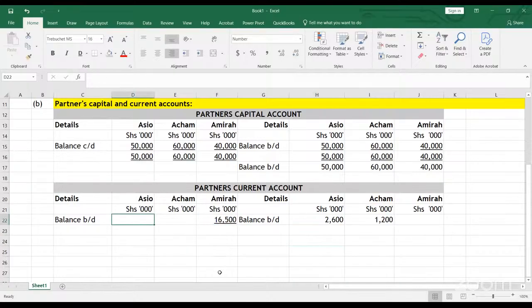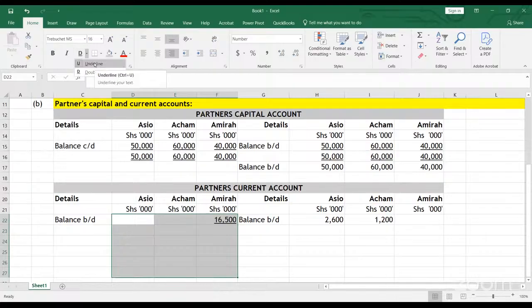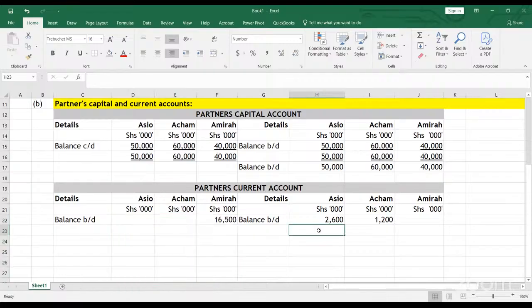So you always have to look at their balances. If the balance is in brackets, then that means it's a debit balance. So Amira has a debit balance. Those are the opening balances of the current account.